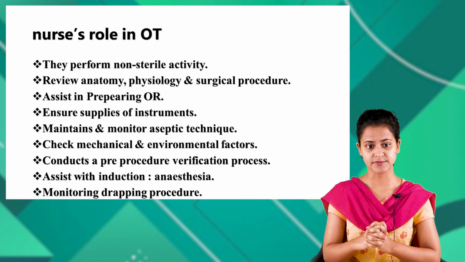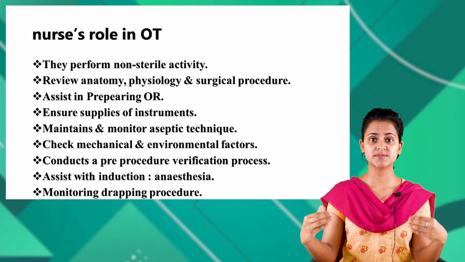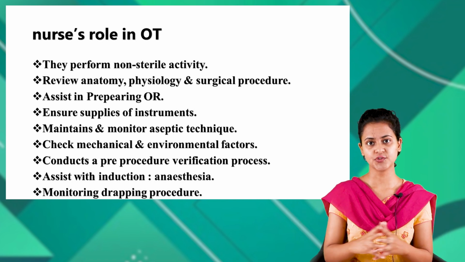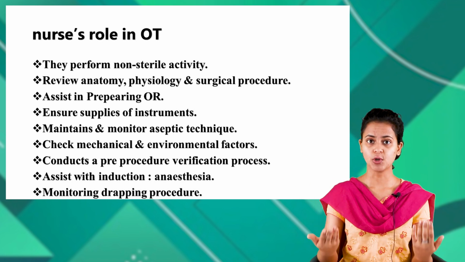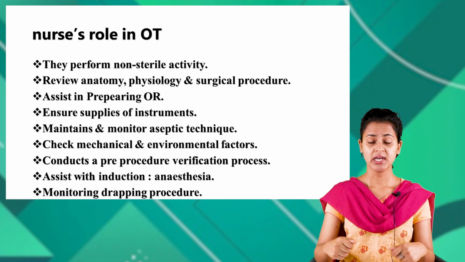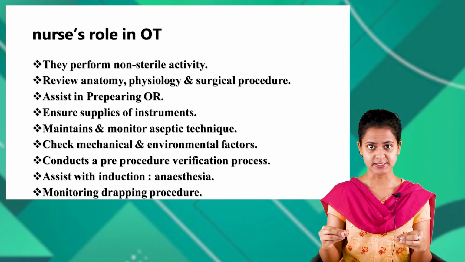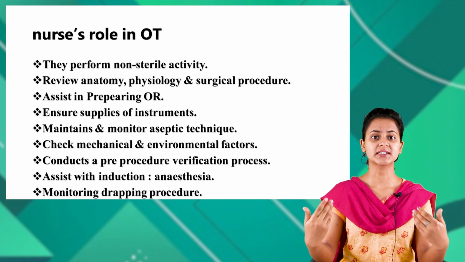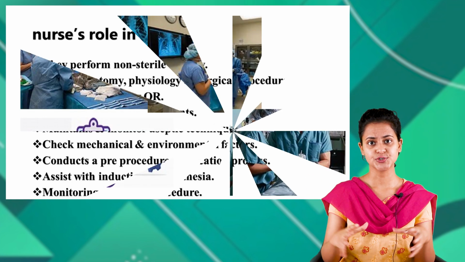Now, before the surgery is initiated, the circulatory nurse will have the responsibility to review the anatomy, physiology, the surgical procedure, the need for it, and also the surgical site. Next, they will be assisting with the client's preparation once they have reached the operation theater.